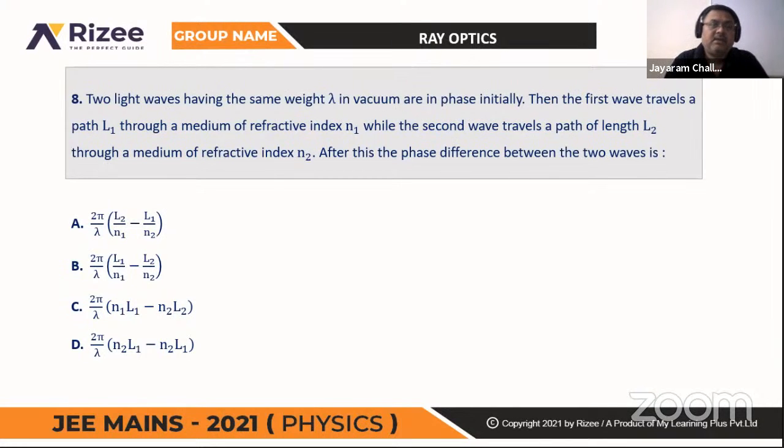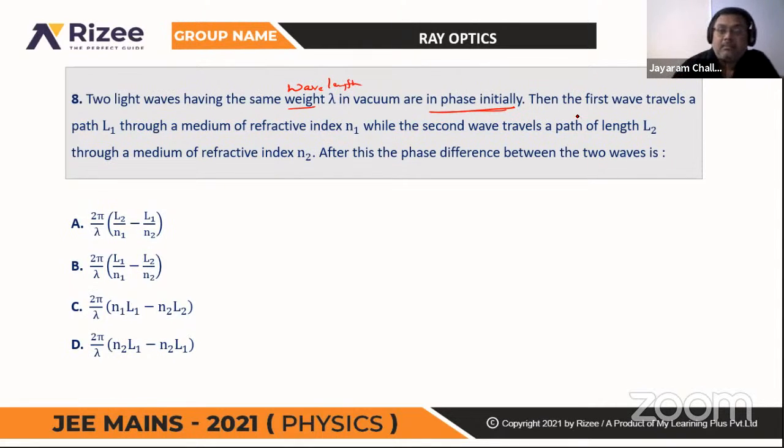Question number 8. The light waves having the same wavelength lambda in the vacuum are in phase initially. That means the phase difference of these two light waves, which are initially in the vacuum, is equal to 0.